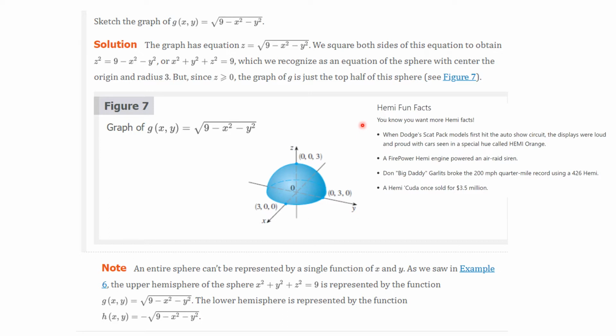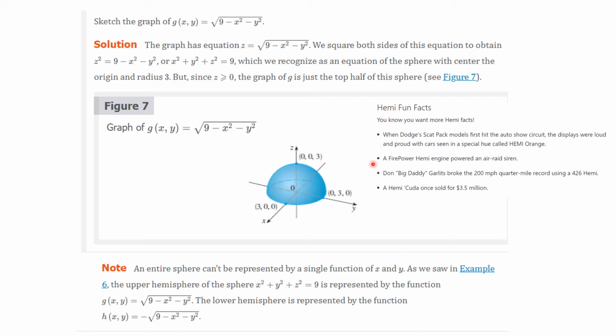And maybe you've heard of engines that are called Hemis. Hemis have the top of the cylinder, where the combustion happens, shaped as a hemisphere. Once upon a time, this was very popular in muscle cars. It's kind of gone out of style, although some people will still brag that they have a Hemi, and Chrysler was really renowned for this.